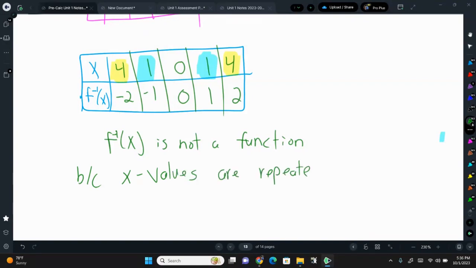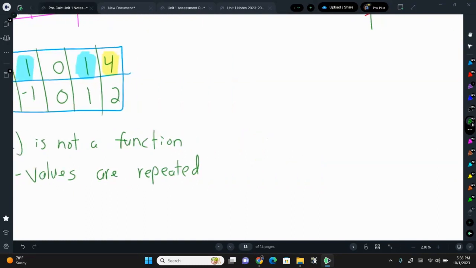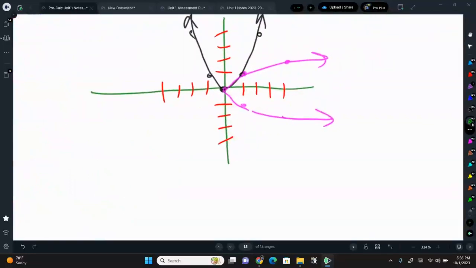Remember we said that y values can repeat, but x's can't. And we had that vertical line test to tell us if a graph is a function. If we go and look at our pink graph, it also fails the vertical line test.